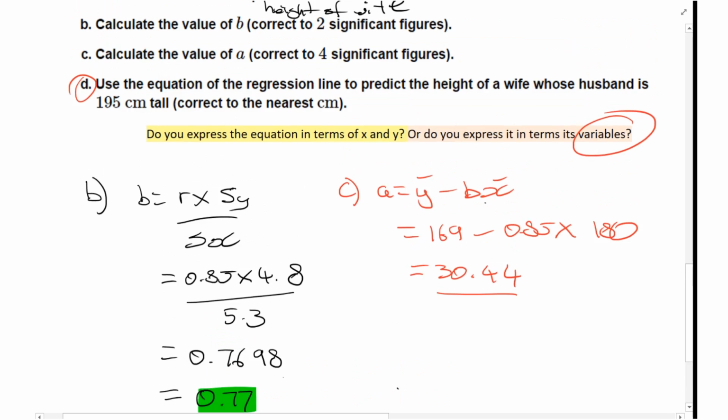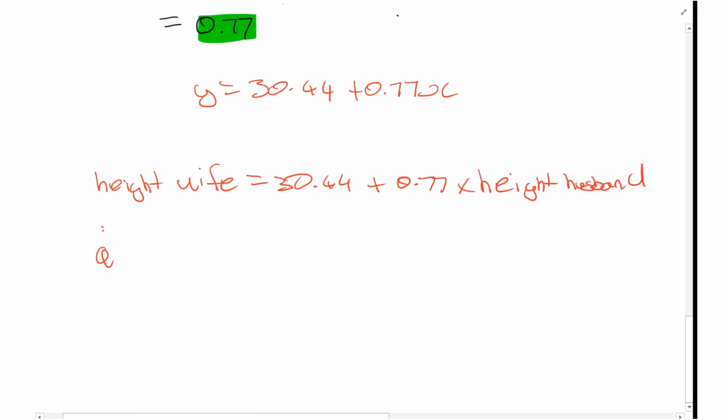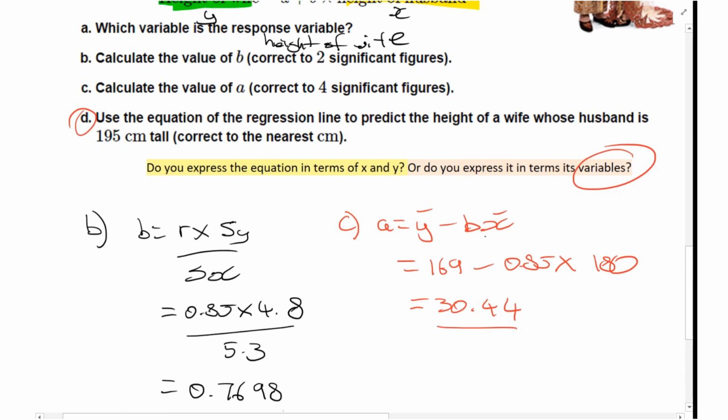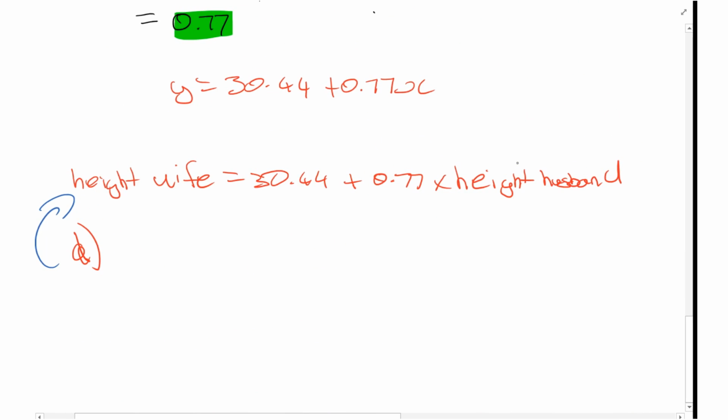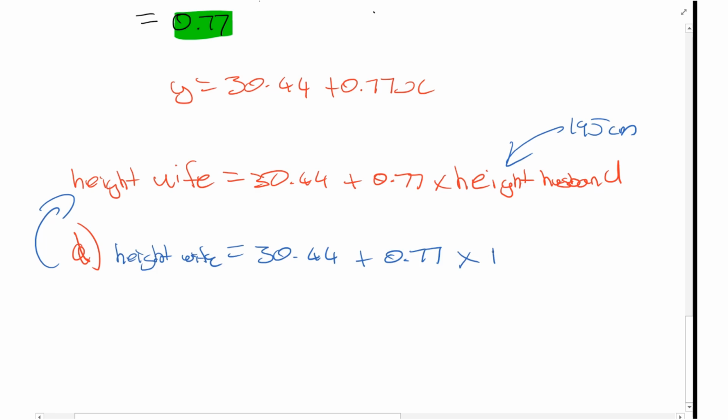Now question D is asking us to use this equation, and it's telling us the husband is 195 centimeters. So what we do is we go height of wife equals 30.44 plus 0.77 times 195.